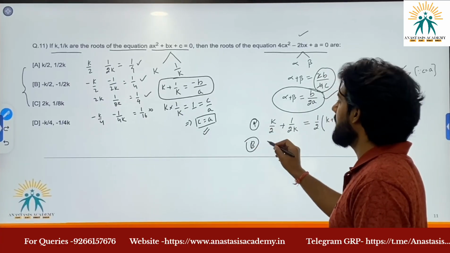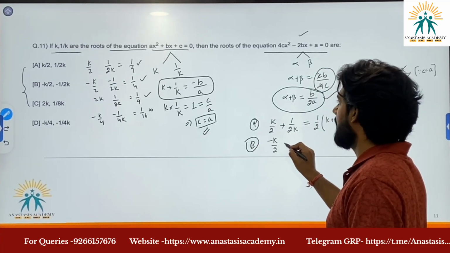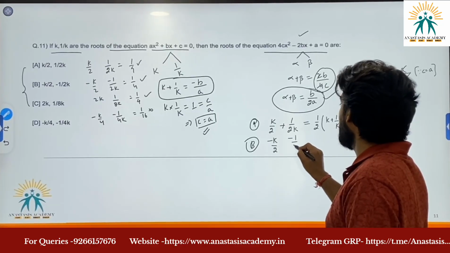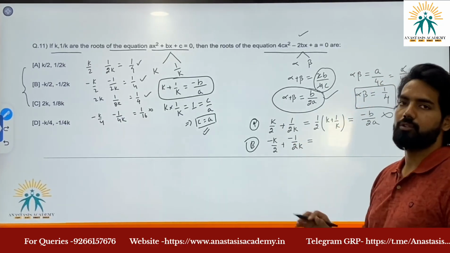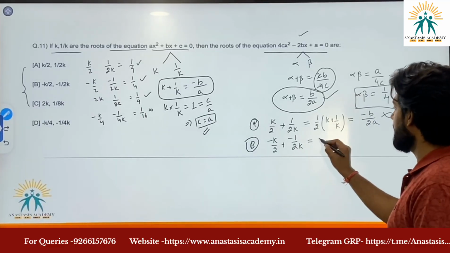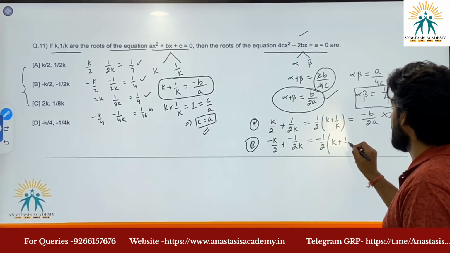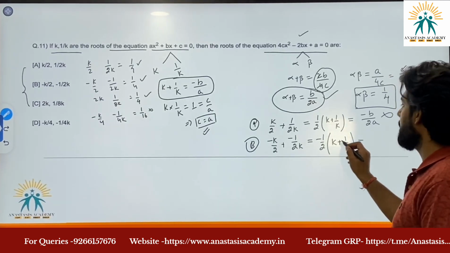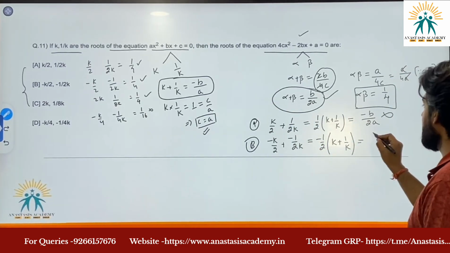Let's check option B. If roots are −k by 2 and −1 upon 2k, and I am adding these two roots to get the sum of the roots, then if I take half as common, it will become −(k + 1 upon k)/2. K + 1 upon k is −b by a. Minus b into minus 1 is b by a.